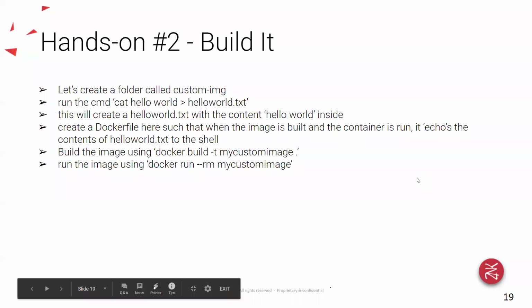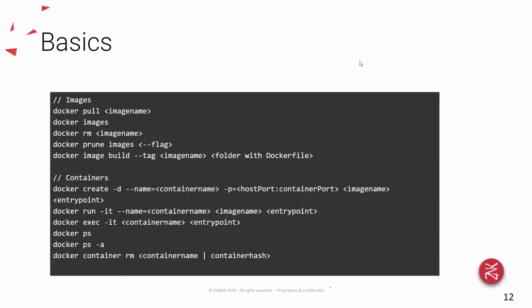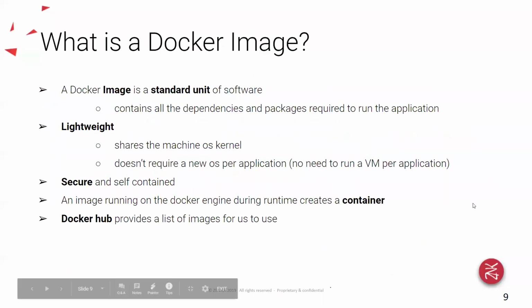Okay, so while we're working on this, I'm just going to go through a quick recap of the architecture one more time. Actually, let's go back to this again to understand what's going on. Oh, my bad.